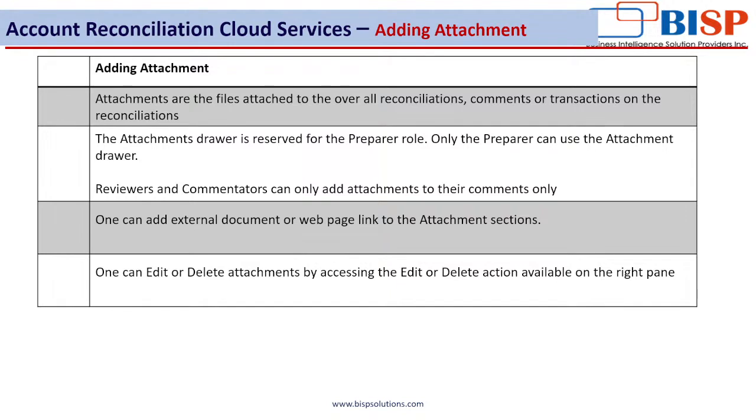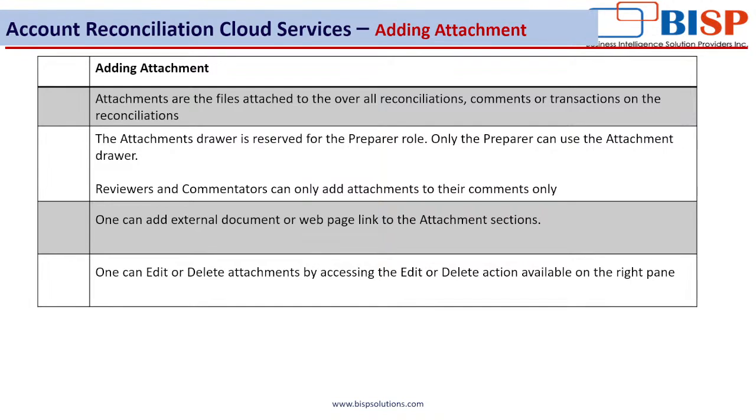Then he can also add an external document or web page link to the attachment section if we want to give some additional information or point out some other important aspect of that reconciliation.